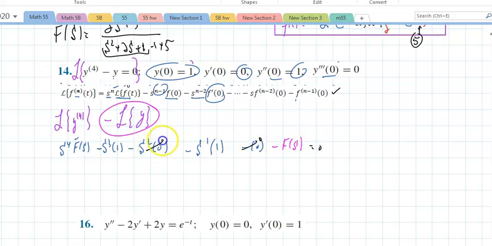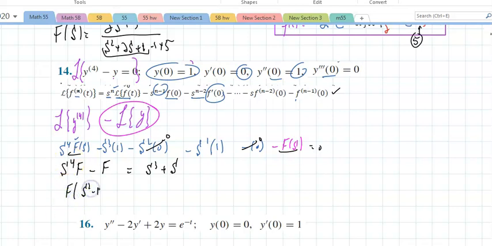So this is gone, this is gone. I'm looking at s to the fourth times f minus f equaling s cubed minus s plus s. So this is s to the fourth. This is factor an f out.